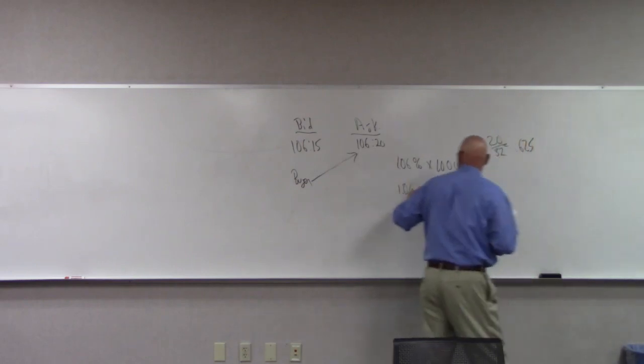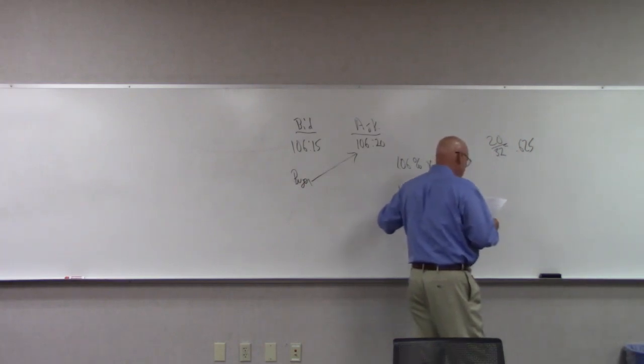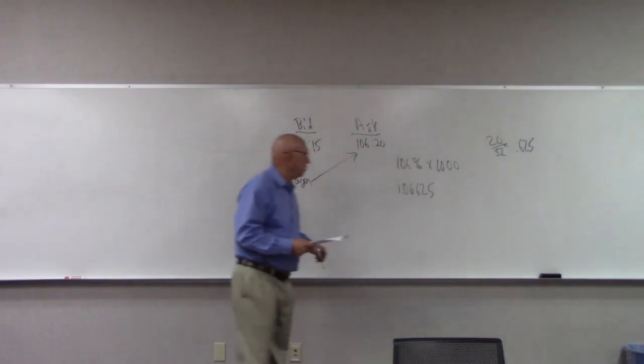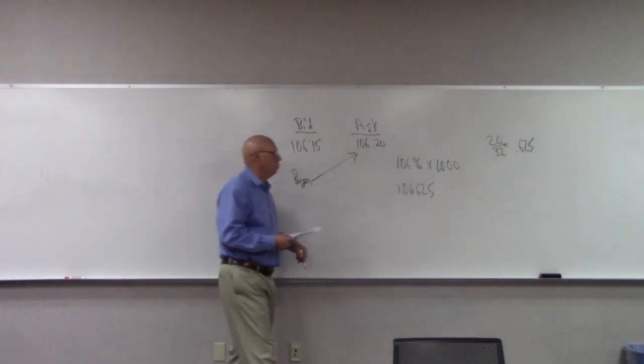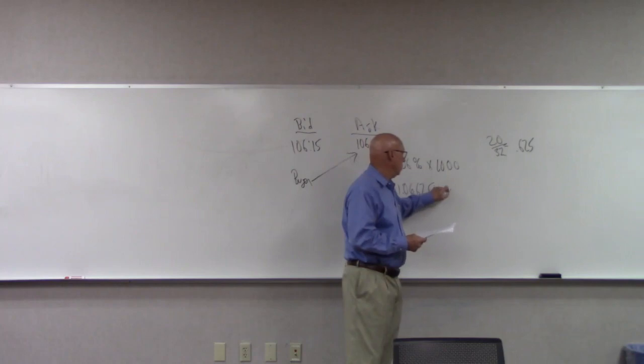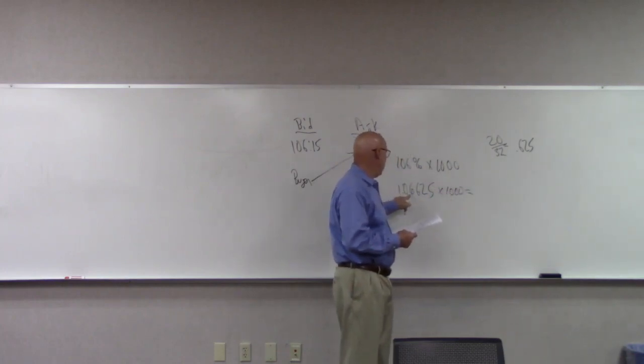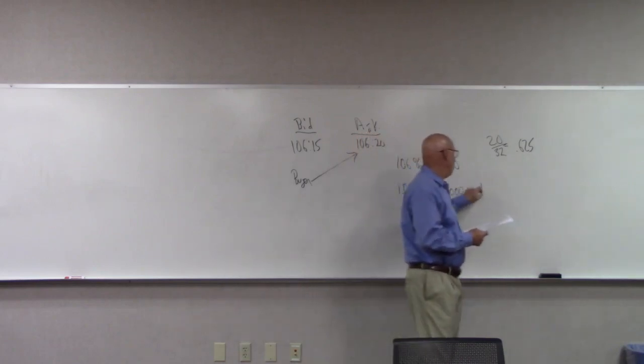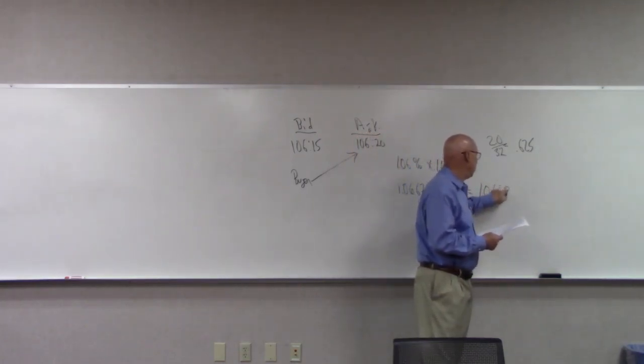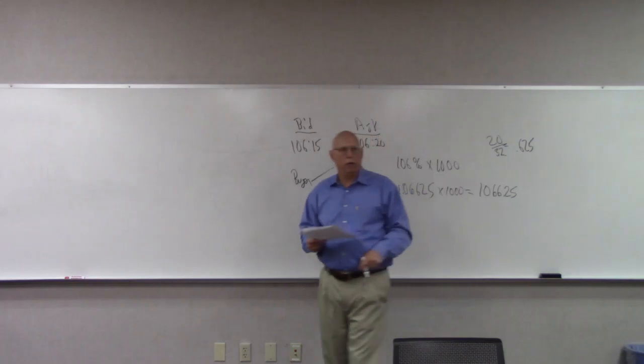So we're going to stick that right here: 106.625 times 1,000. So we're just going to move this decimal point over 1, 2, and 3: 1066.25. That's what you'll pay.